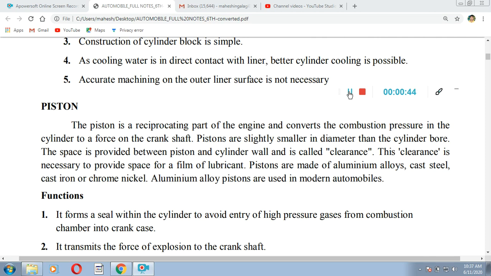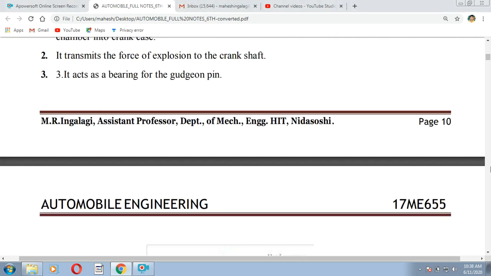This clearance is necessary to provide space for the film of lubricant. Pistons are made of aluminum alloy, cast iron, cast steel, chrome, nickel, and aluminum alloy pistons are used in modern automobiles. So this is the piston we are having.